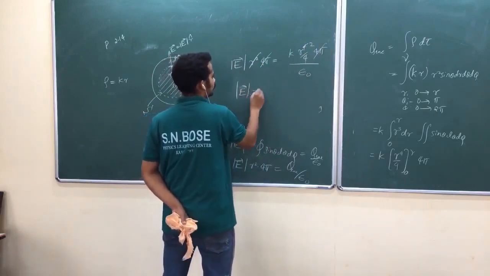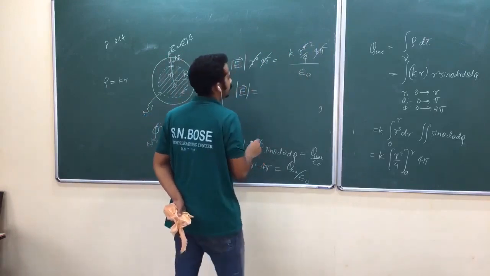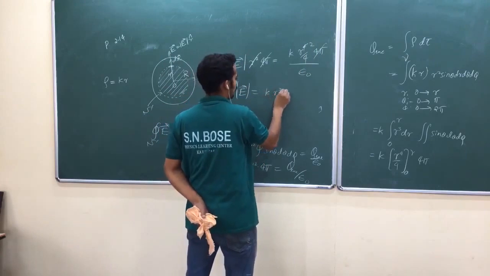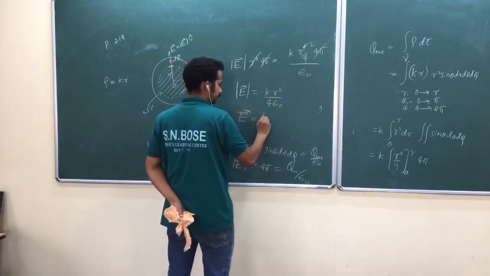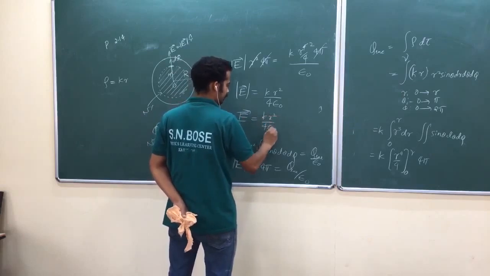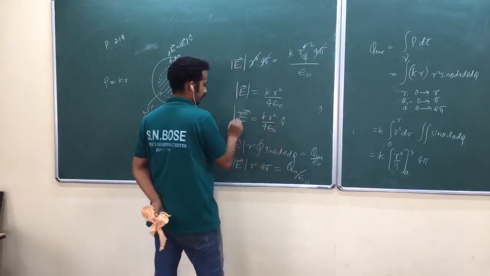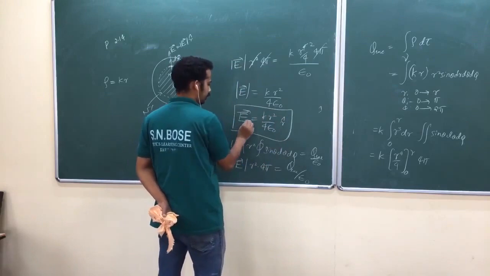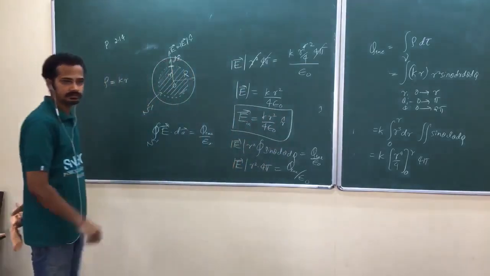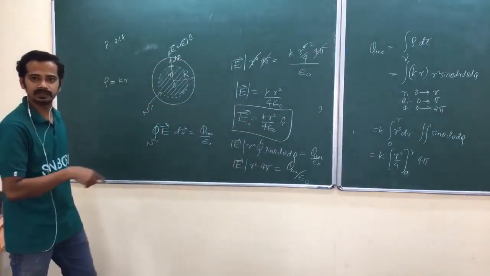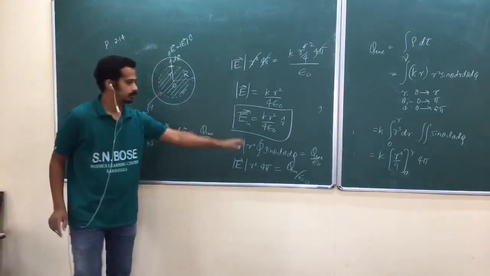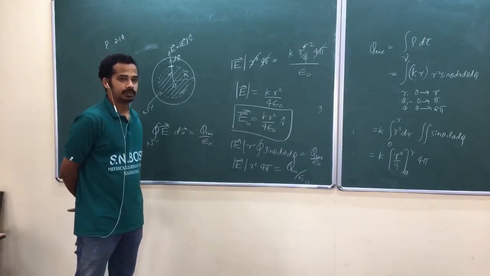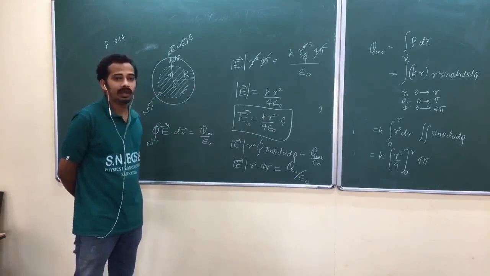The electric field magnitude is equal to, any idea? K r squared by 4 epsilon naught. So this is the electric field vector; I'd better write, electric field inside the sphere. Now look here, the functionality is proportional to r squared.